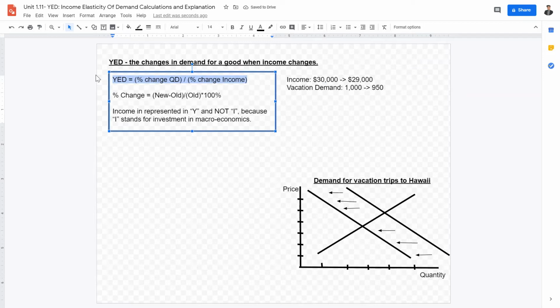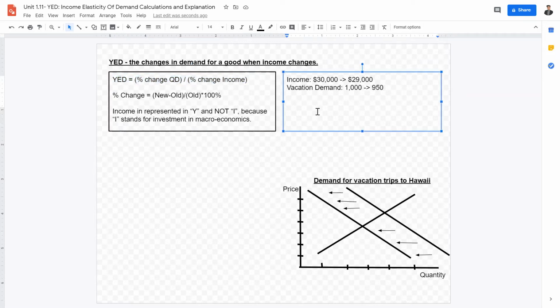Now, as we all know, in order to calculate YED, which is income elasticity of demand, we have to have the changes in quantity demanded divided by the changes in income. Okay, so the change in quantity demanded is 950 minus 1,000, divided by 1,000, and this whole thing we multiply by 100%, which gives us a total change of -5%.